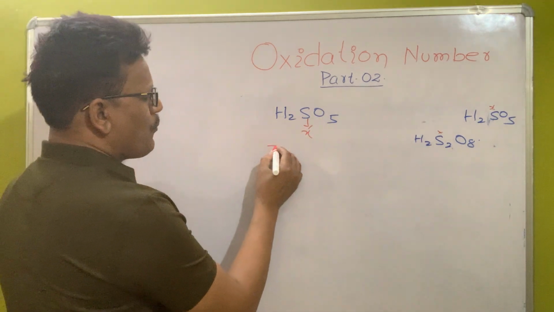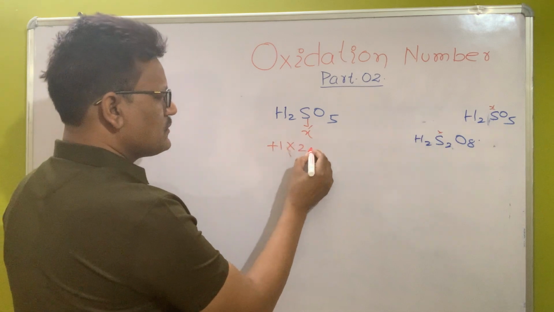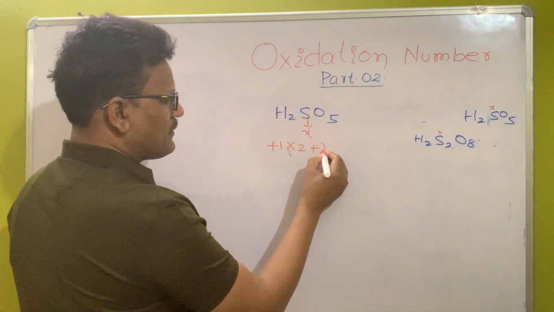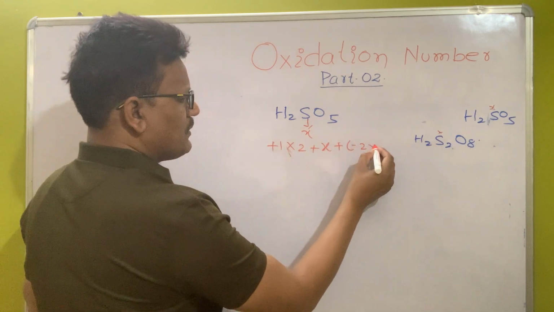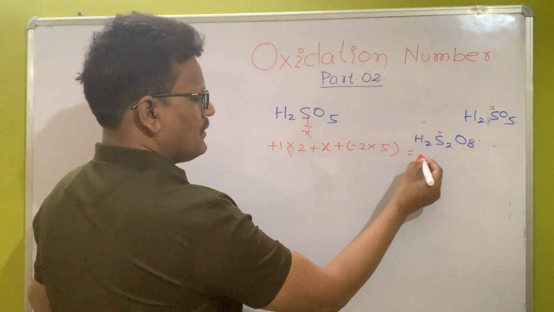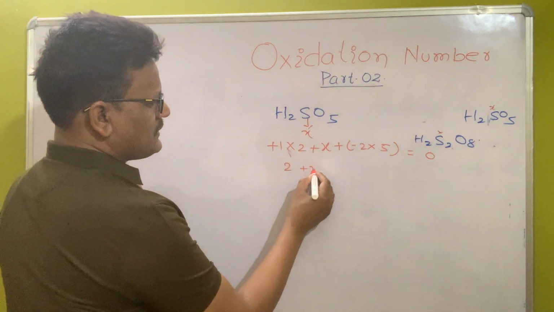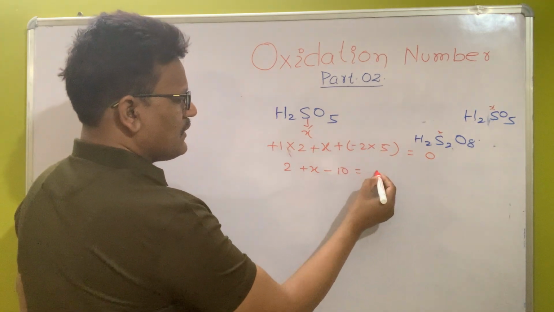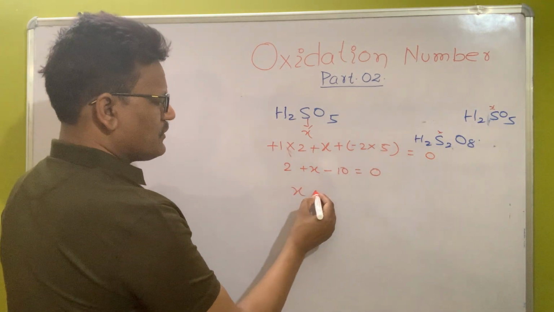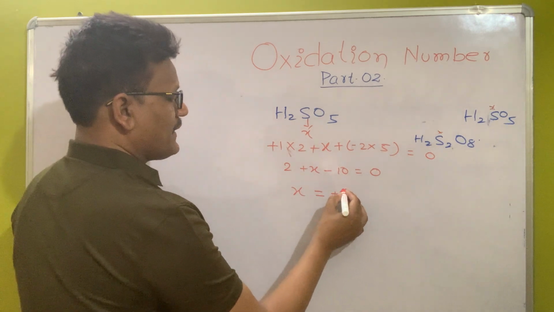So +1 multiplied by 2, plus x for sulfur, plus -2 multiplied by 5 for oxygen, equals 0. So +2 plus x minus 10 equals 0. So x equals +8.